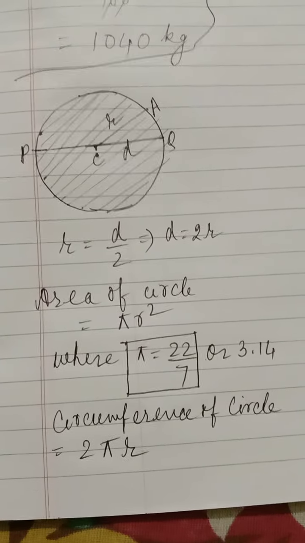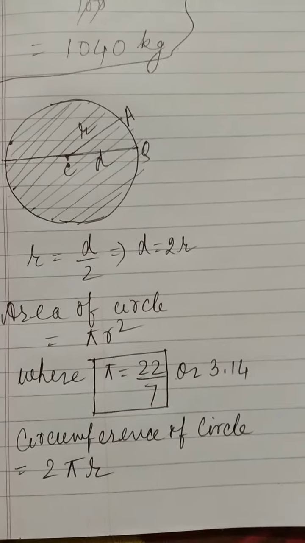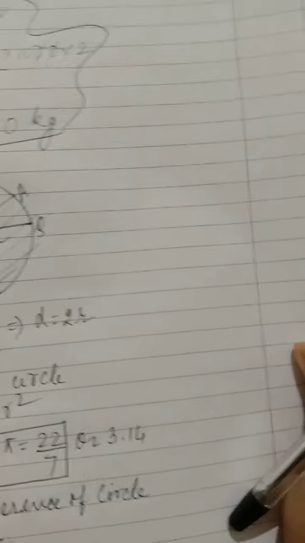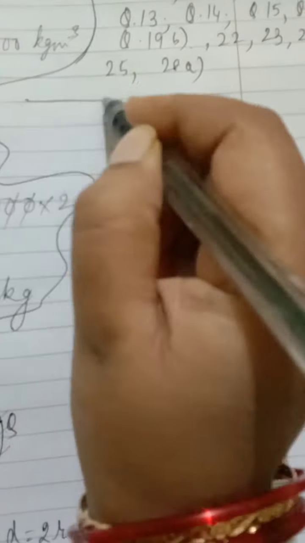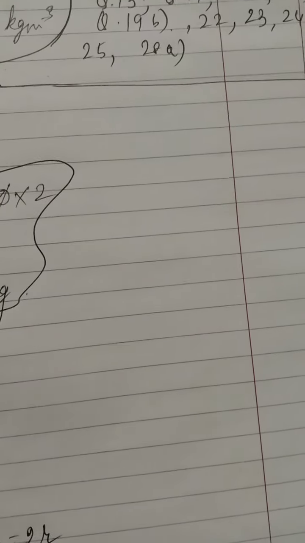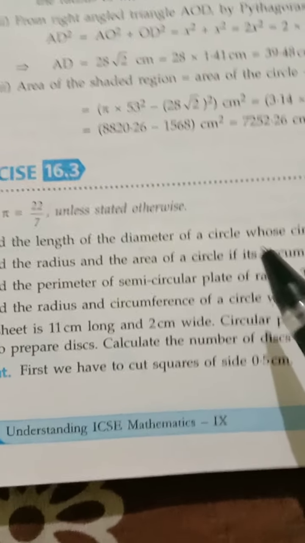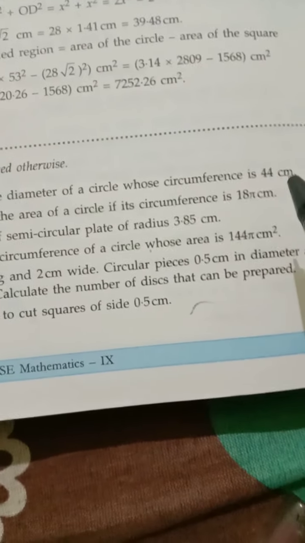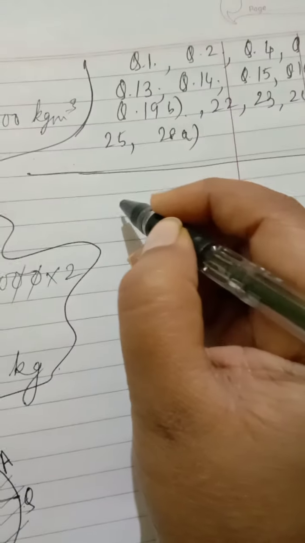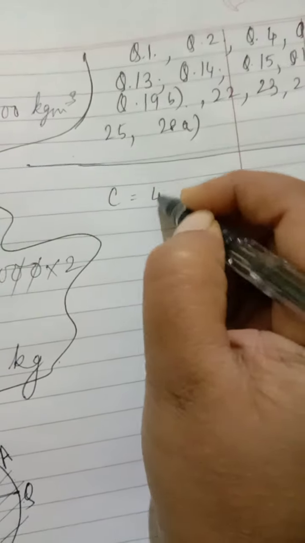So the sums based on the area of circle are from exercise 16.3. The question number 1 is given here. Find the length of the diameter of a circle whose circumference is 44 centimeter. Here circumference is given, 44 centimeter.